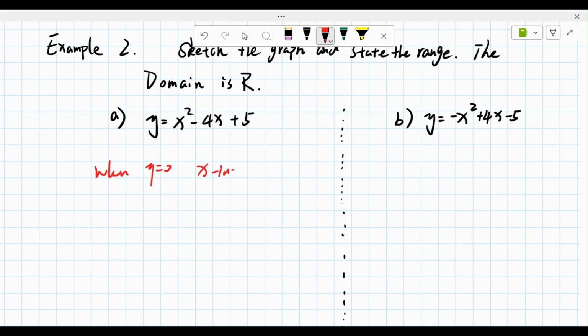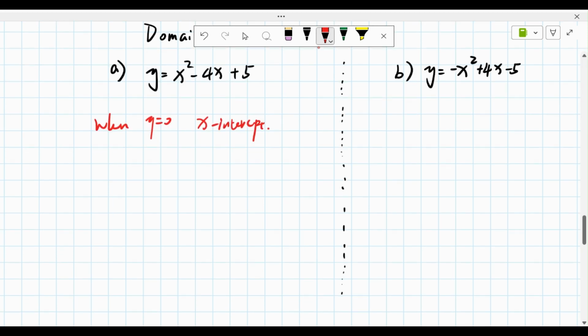Can anyone tell me about this one? I'll give you guys a minute. It turns out we try to factorise x minus 1 and x minus 5 equal to 0, but that doesn't work, so we could use the quadratic formula.